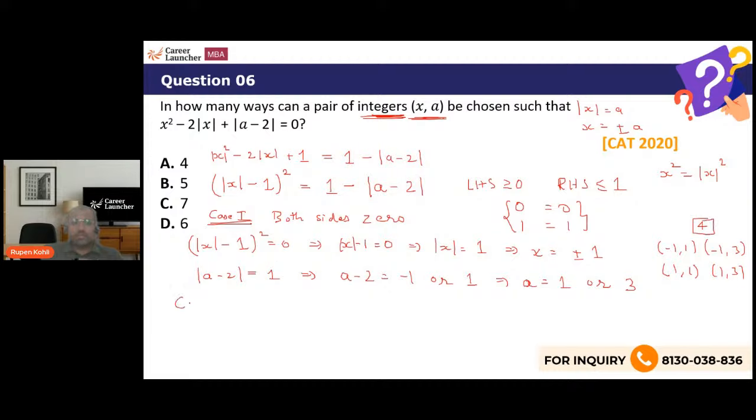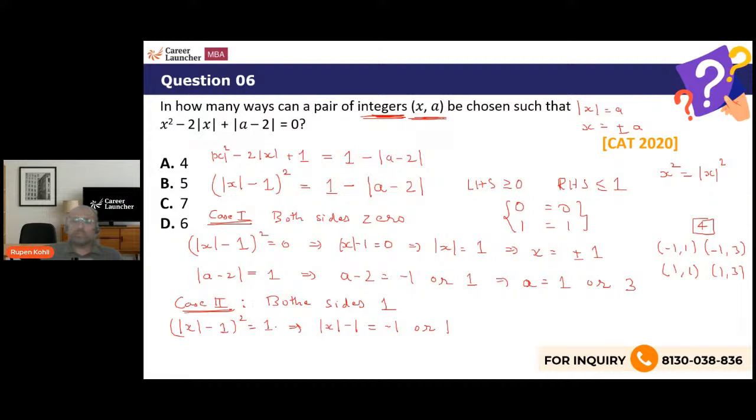Let's move on to case 2, which means both sides are equal to 1. So then mod x minus 1 the whole square equals 1, which means that mod x minus 1 is either minus 1 or plus 1. Simply taking the square root of a perfect square.